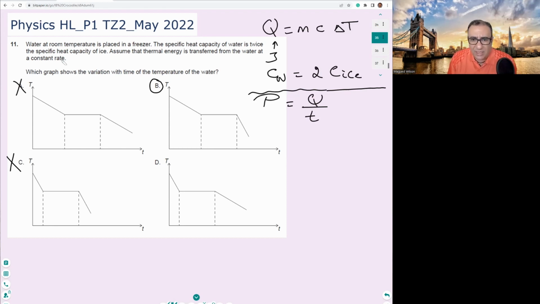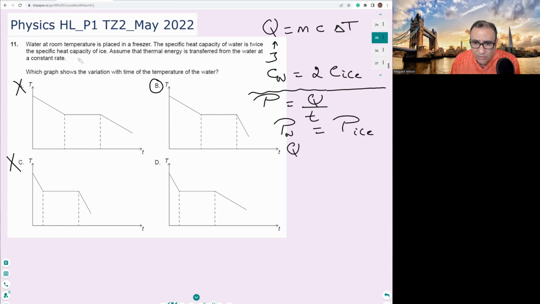So mathematically, I can say the power of water is going to be equal to the power of ice, because this is what is given here, right? Assume the thermal energy is transferred from the water at a constant rate. Okay, so that means the power is the same.